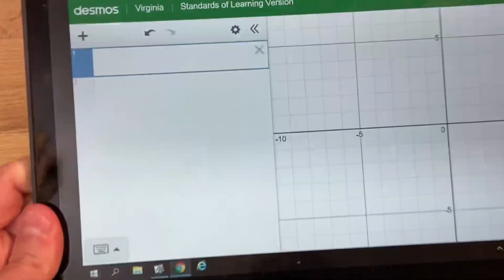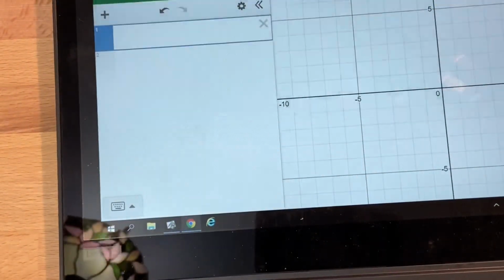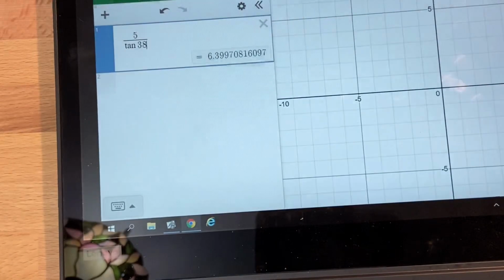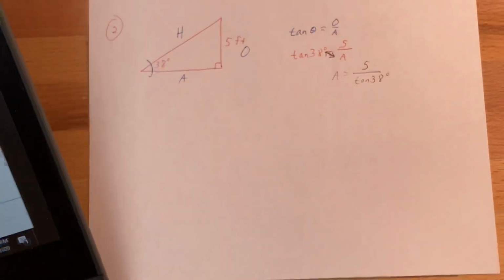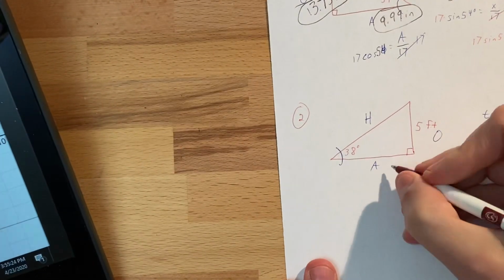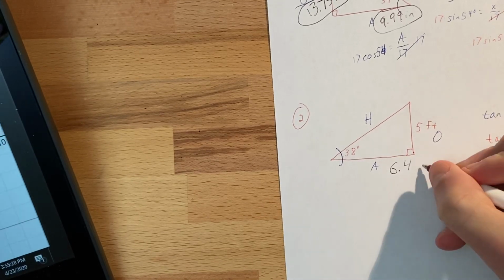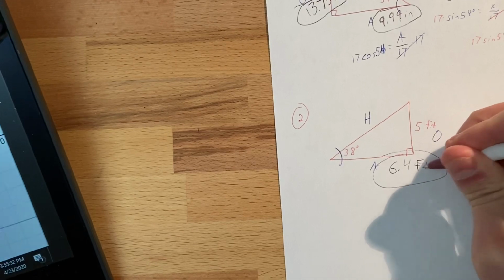Let's see, 5 over tangent 38. Okay. And it says 6.3997, so that's going to be 6.4. So this will be 6.4 feet. There we go.